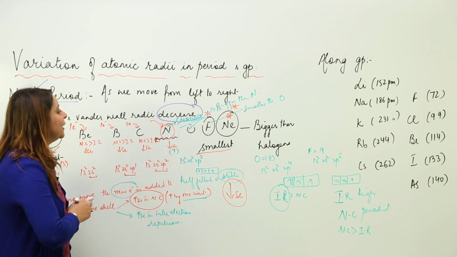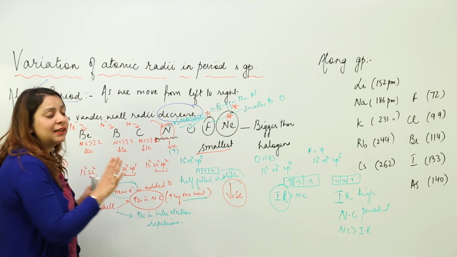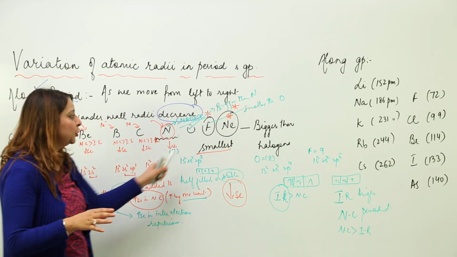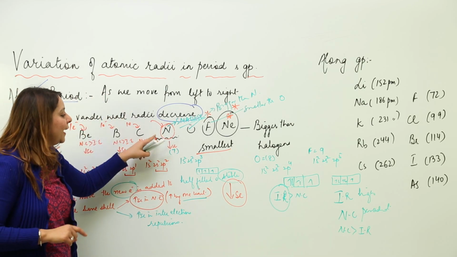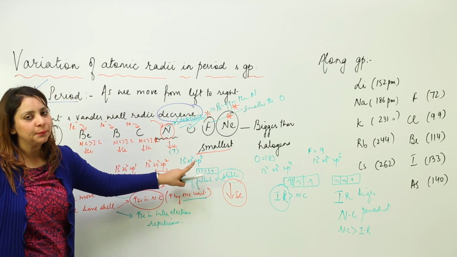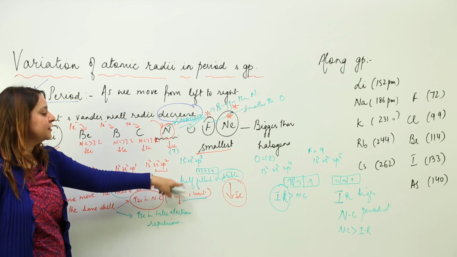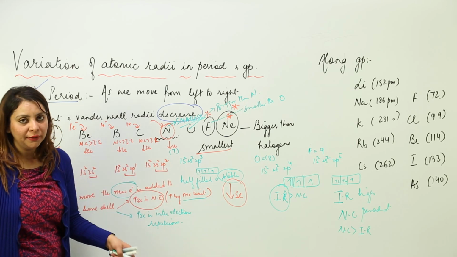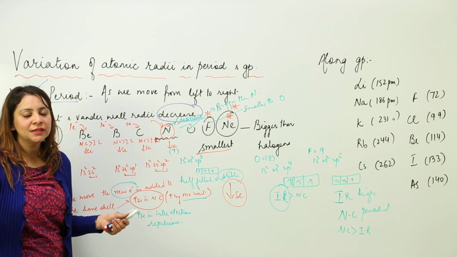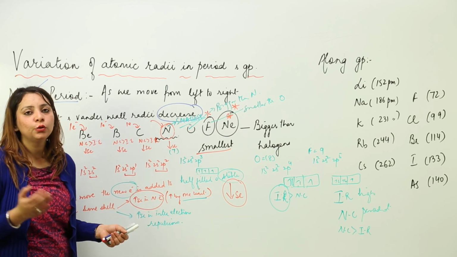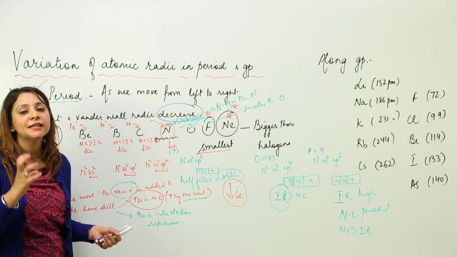So if we talk about this family, which is the smallest one? It should be the halogen, but it is not the halogen, it is nitrogen. Why? Because here the inter-electronic repulsions are very less and nuclear charge predominates, therefore the size is smallest.